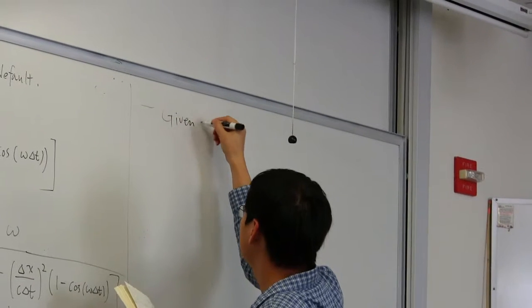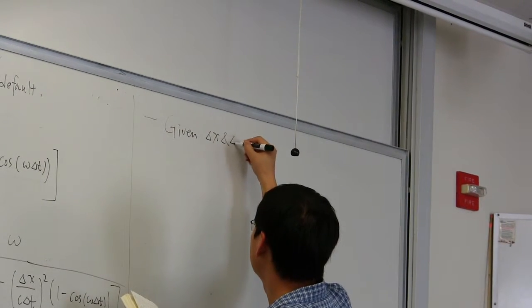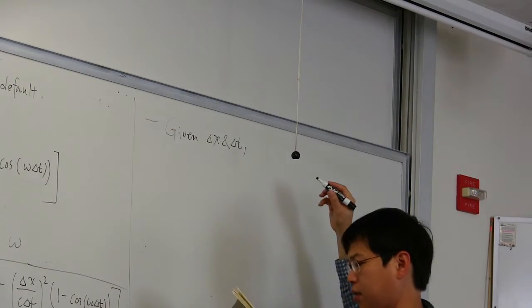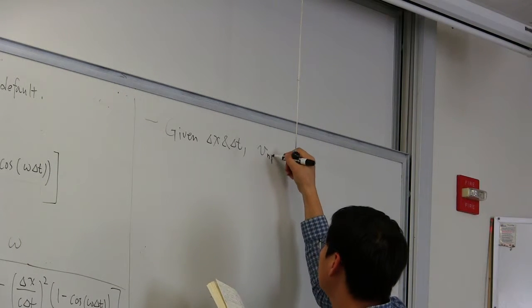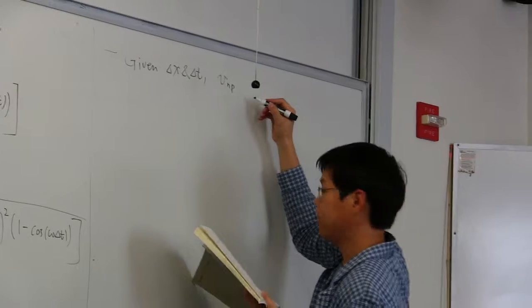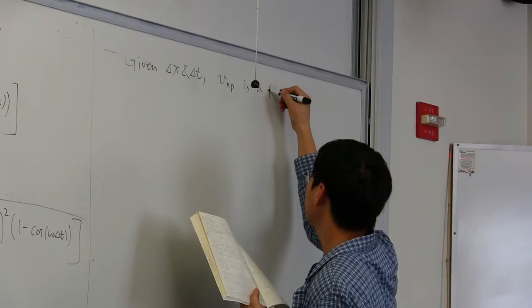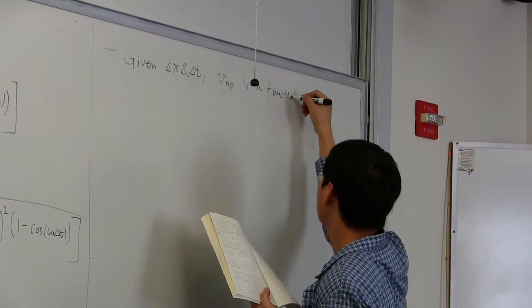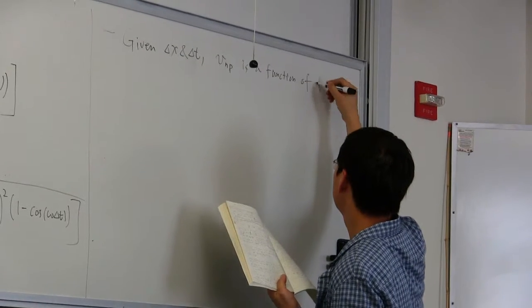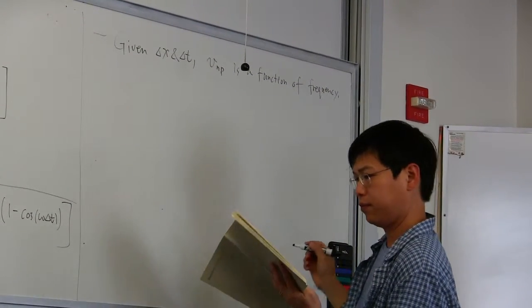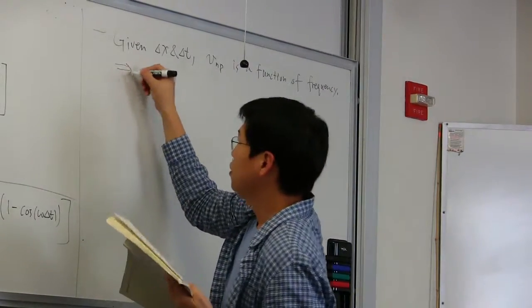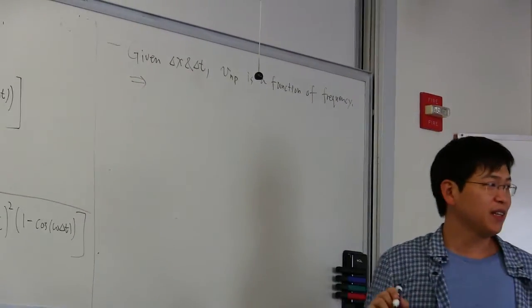So given delta x and delta t, the numerical phase velocity is a function of frequency. So what does that mean?